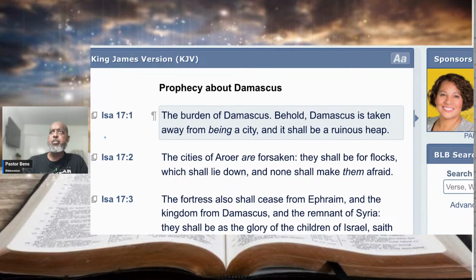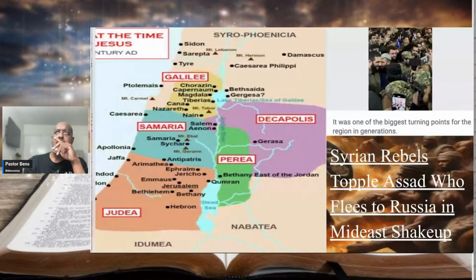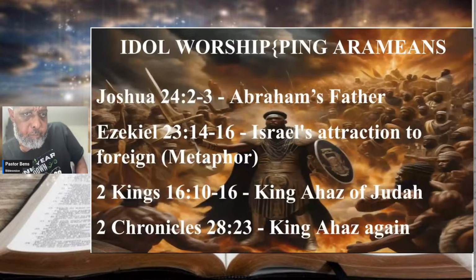Because they have a history of worshiping other gods besides the God of Israel. Now watch this. I'm going to show you the origin of this worship. I got to skip through all of this. Look at this. Idol worship.